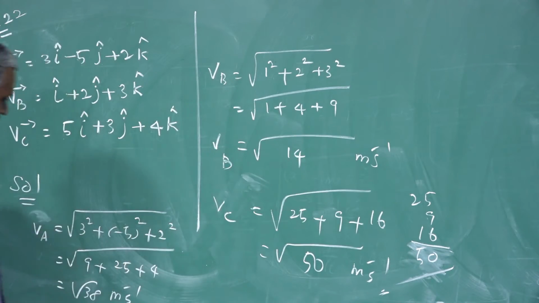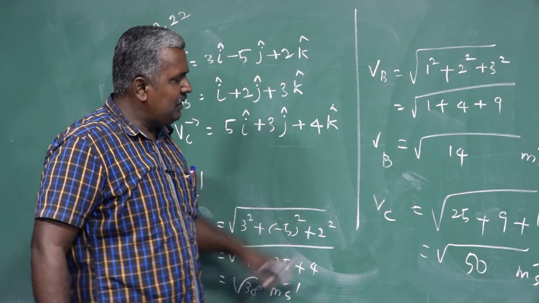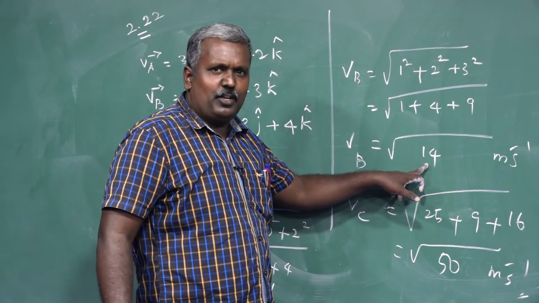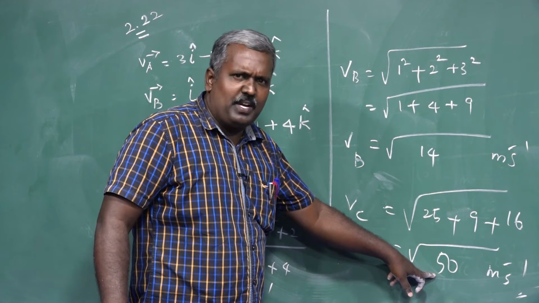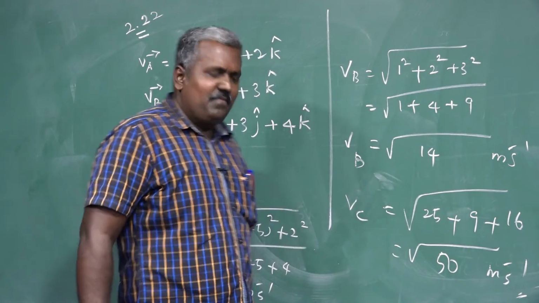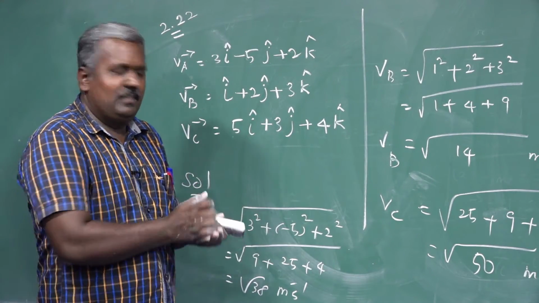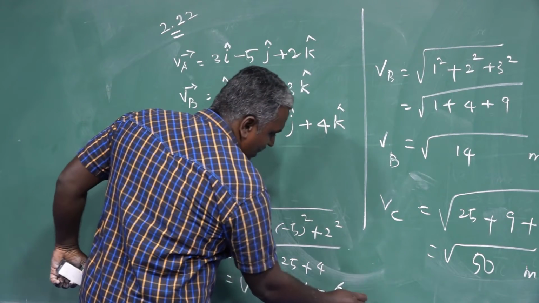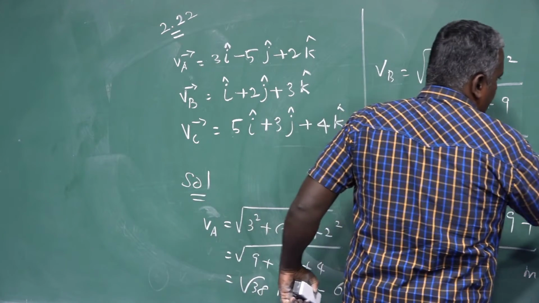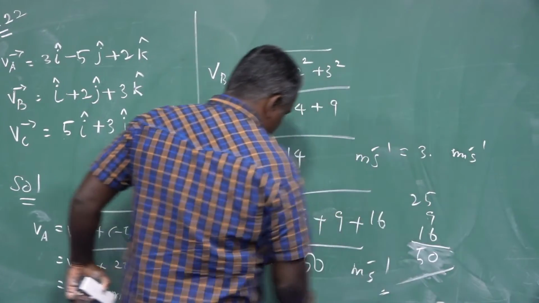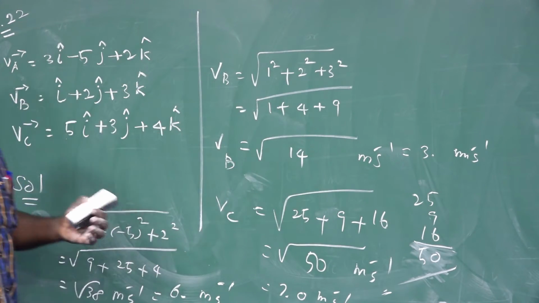So here root of 38 comes to 6 point something, root of 14 is 3 point something, and root of 50 is 7 point something. So which particle has the greatest speed? 6 point something meter per second, 3 point something meter per second, 7 point something meter per second. So the particle C has the greatest speed.